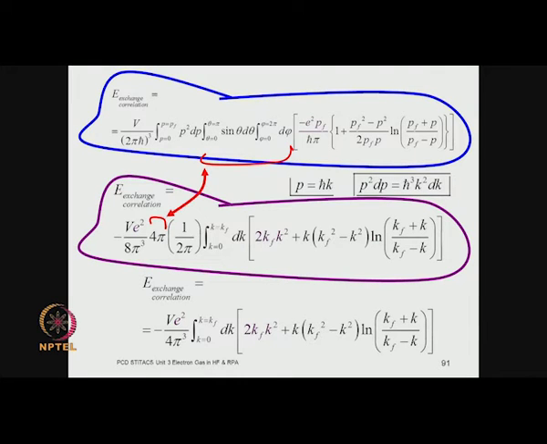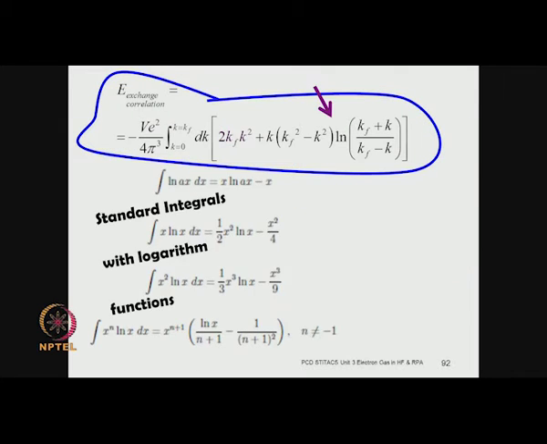So now this is the integral over k involving this logarithmic term. Now this is what we have to evaluate, and again this can be evaluated using similar techniques as we discussed earlier.